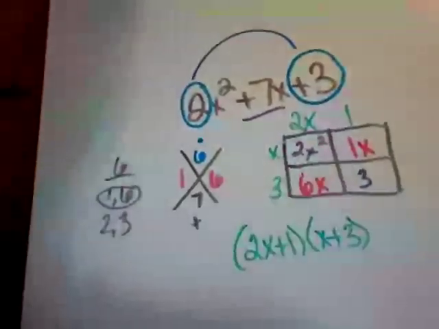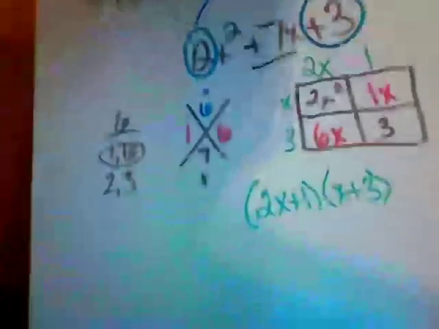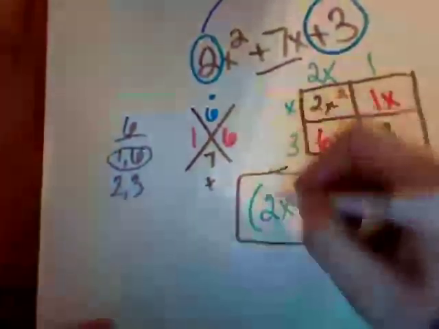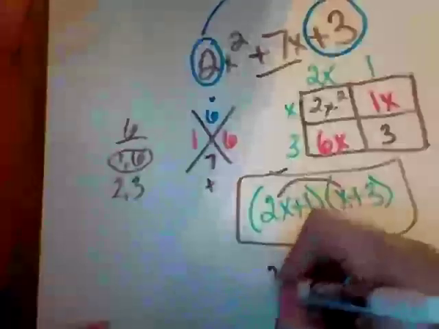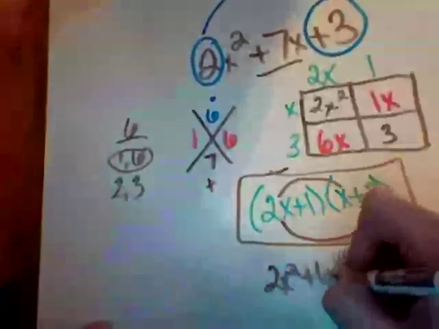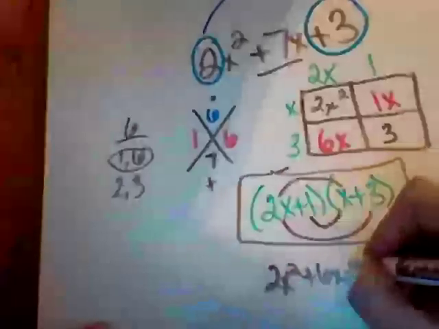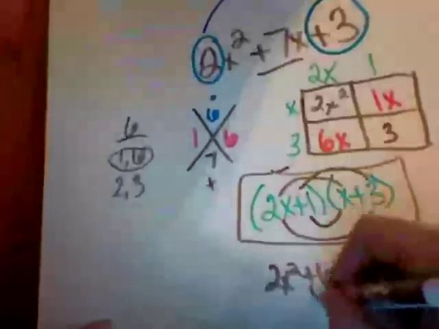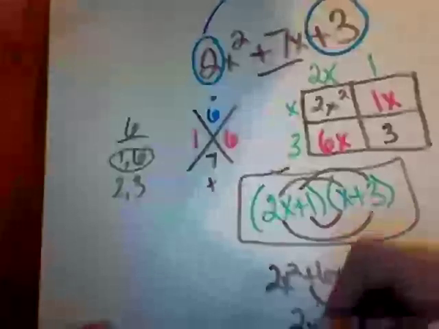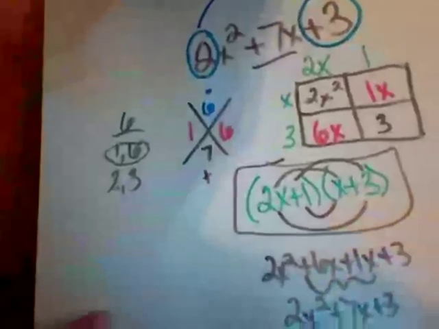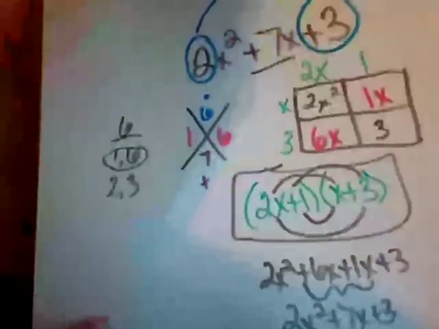Because if I do the 2x times x, there's our 2x squared. 2x times 3 gives me the plus 6x. 1 times x is 1x. 1 times 3 is 3. And when we combine like terms, that's where we get our 2x squared plus 7x plus 3. So we know that we had the correct answer there.